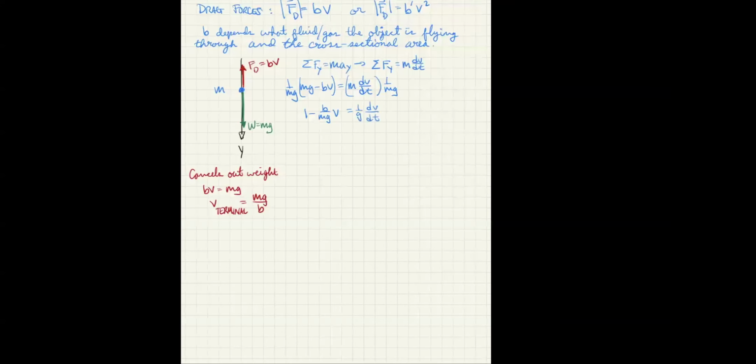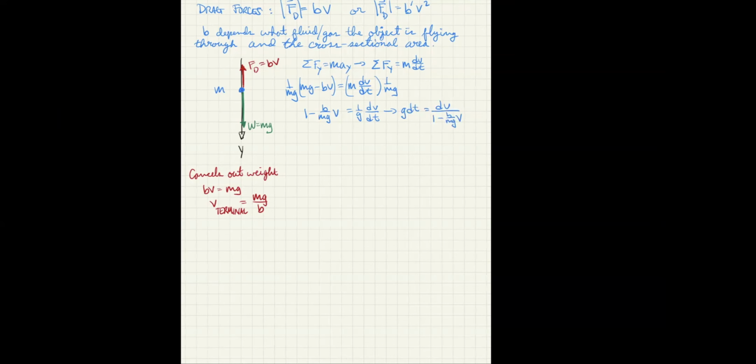Now I'm going to multiply both sides by g dt, so that's going to give me g dt on the left. And when I do that on the right, I'm also multiplying by 1 over 1 minus b over mg v. So this is going to become dv over 1 minus b over mg times v.